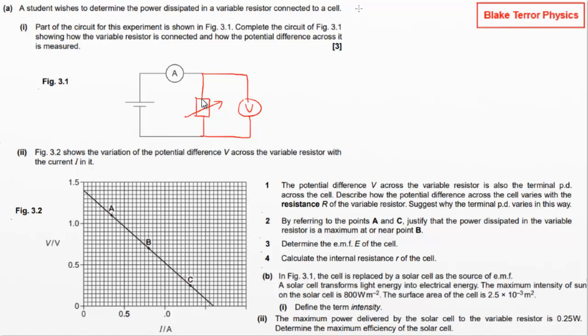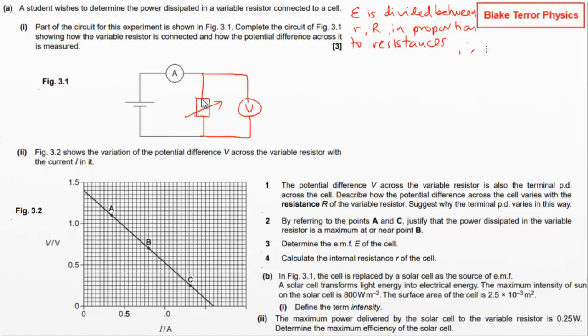We could say that the EMF is divided between the internal resistance and the variable resistance in proportion to the resistances.